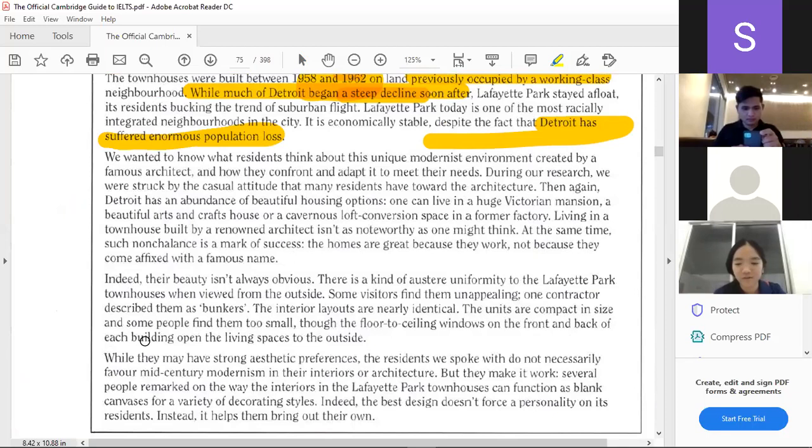The beauty isn't always obvious. Hang on, what? Wait, trying to find it. Mostly it's about the view from the outside. They're talking about from the outside.